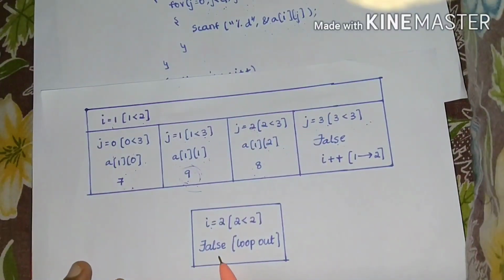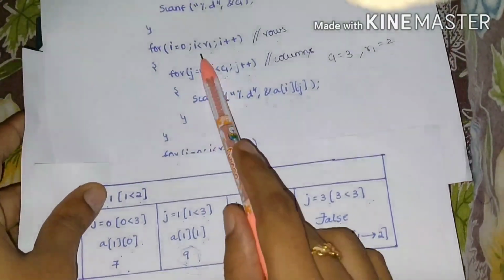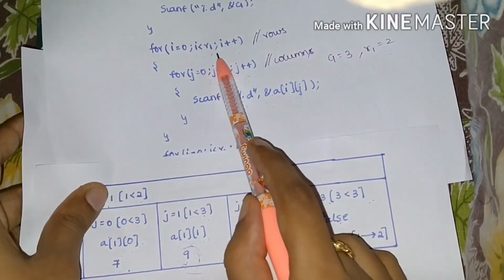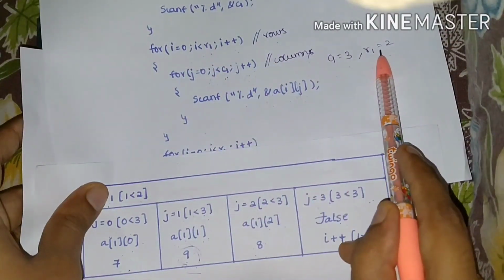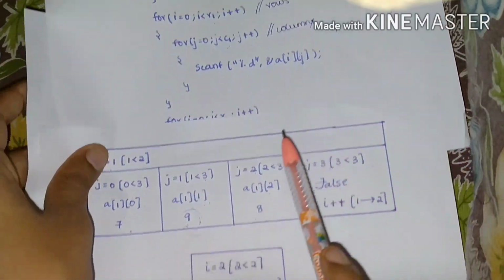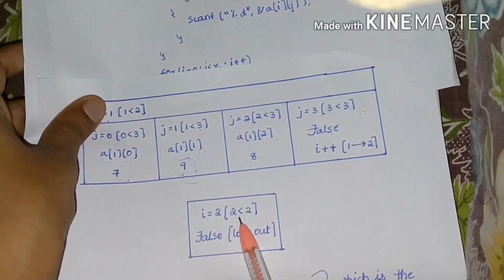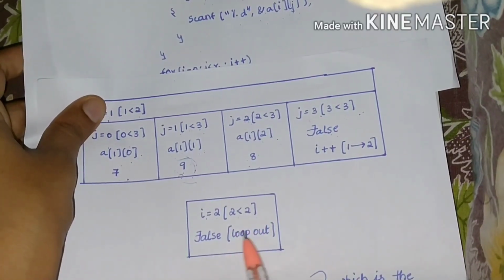Then again I is equal to 2. Again it checks for the condition of row, 2 is less than 2, because I have entered r1 is equal to 2. So 2 is less than 2 is also false. It is equal to 2, but I have given less than 2. So the loop again comes out.